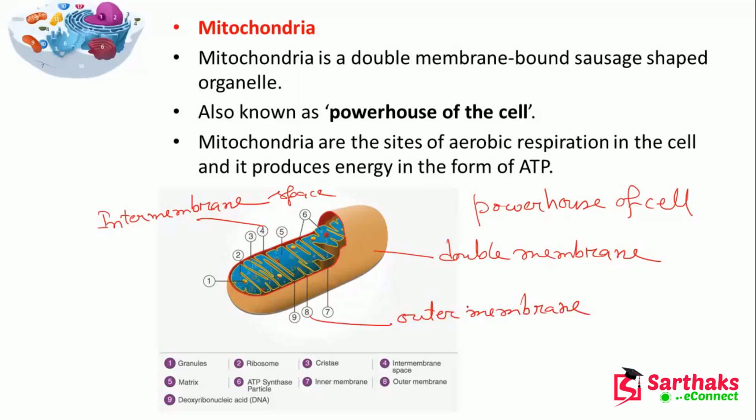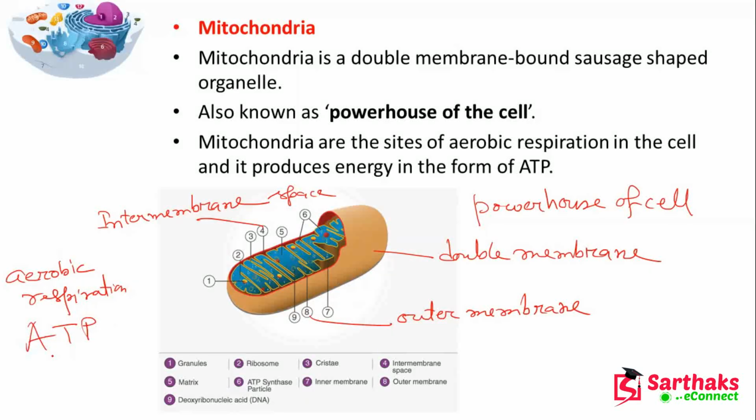Okay, so this is a double membrane bound sausage shaped organelle, and you have the intermembrane and the outer membrane also. And this mitochondria will do the aerobic respiration in the cell, and it produces the energy in the form of ATP.